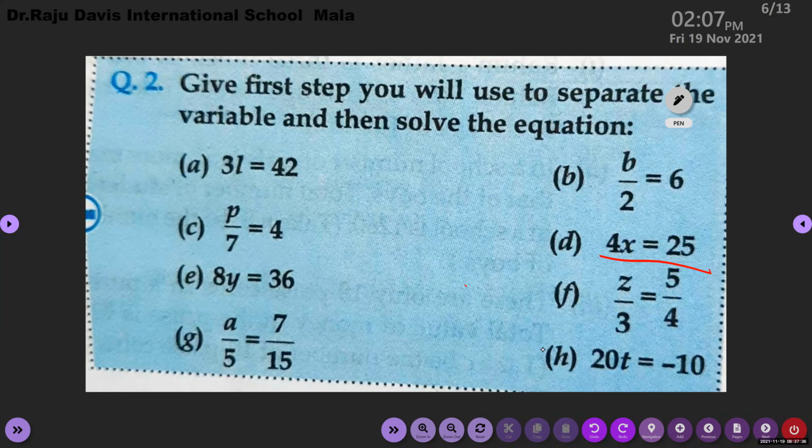Sanaika, next question, can you tell me? This question, children. A by 5 is equal to 7 by 15. What will you do? How to find A from this?